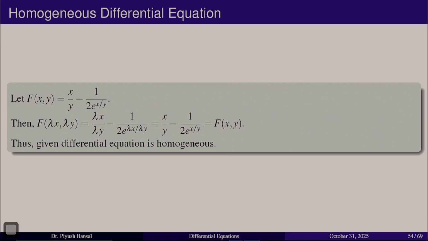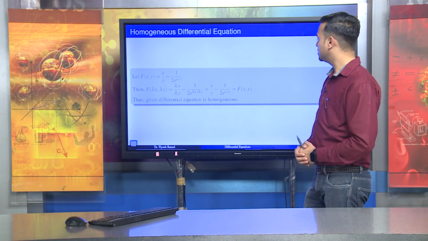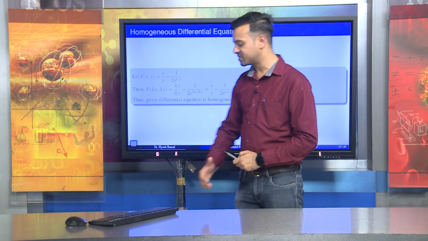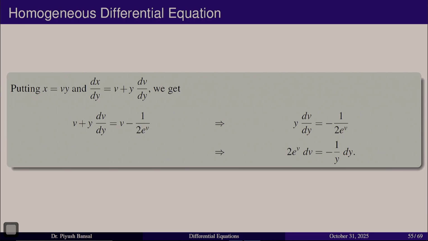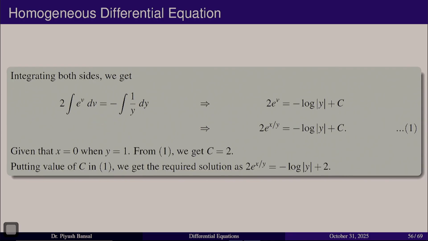Because it has to be of the form lambda to the power n times f of x y, n here in this case is 0. So, this is a homogeneous function, and here again we will replace x with v y and simplify to obtain again a separable equation in v and y, and we will integrate on both sides to obtain the solution. Since the initial condition was given, we will obtain this curve.